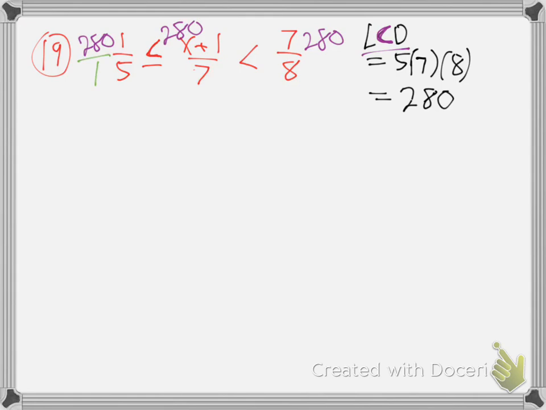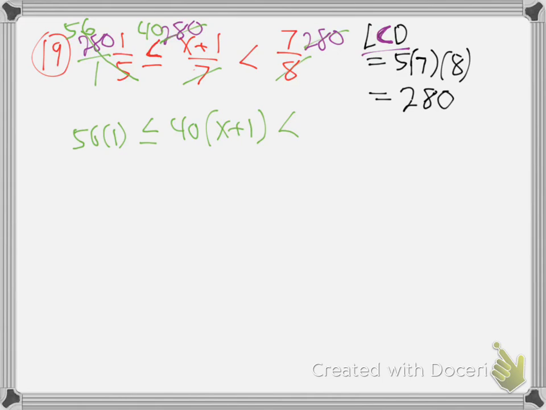You know what I'm talking about? This is 280 over 1, right? Whole numbers are over 1. And you're going to go 5 into 280, which is like 56 times, right? And then the 56 will multiply the 1. So you cross-cancel, multiply what's left over. 7 into 280, 40. And the 40 will multiply.